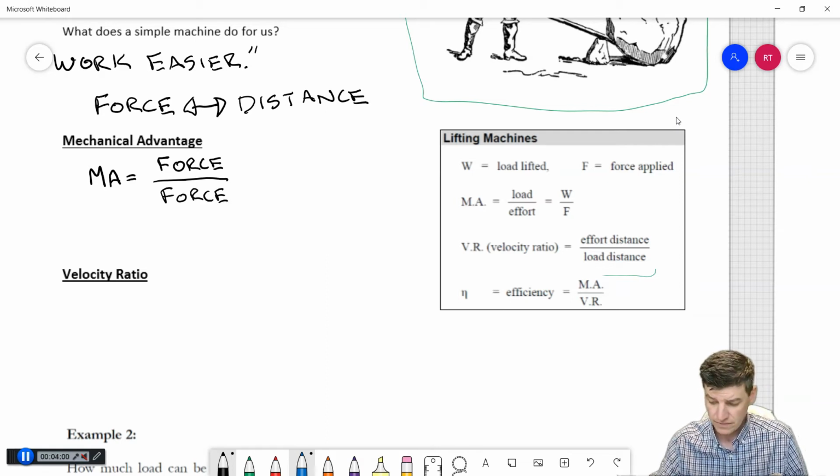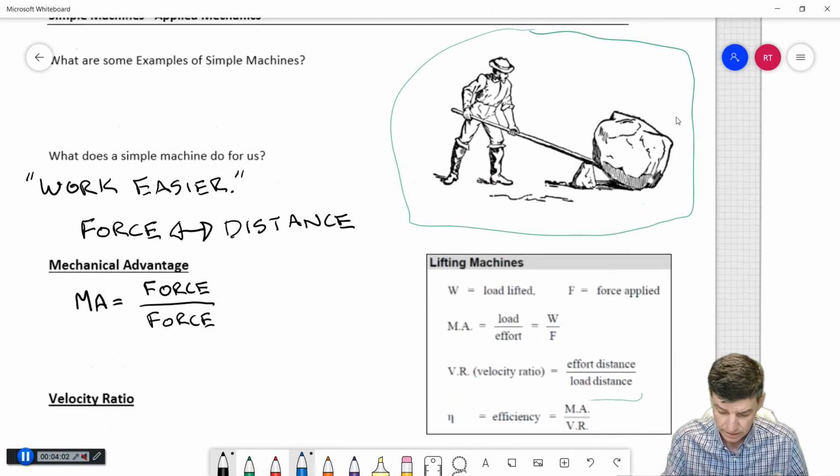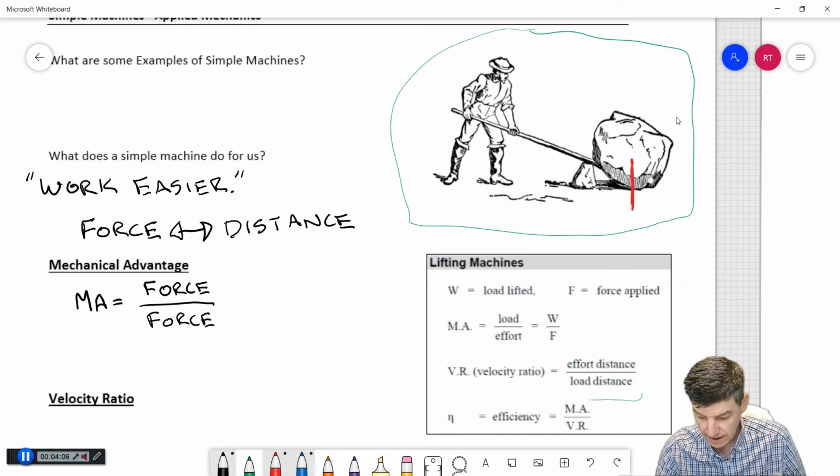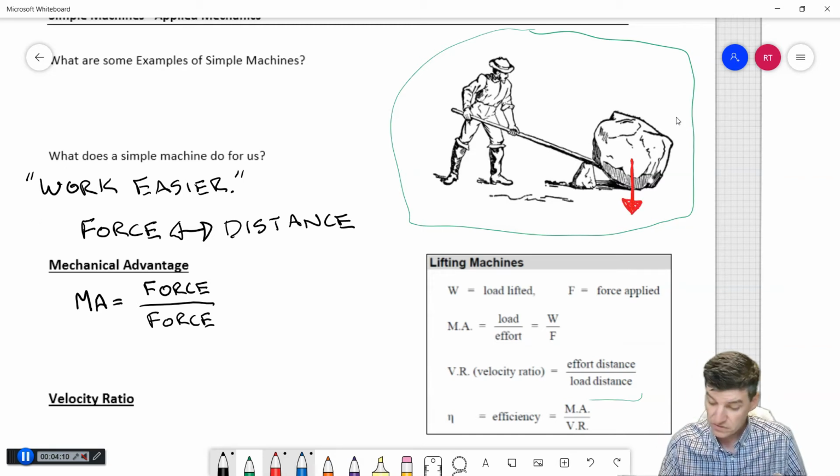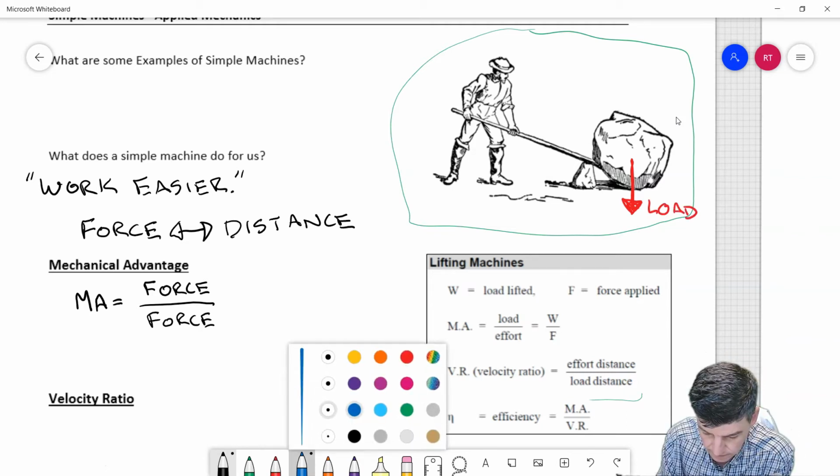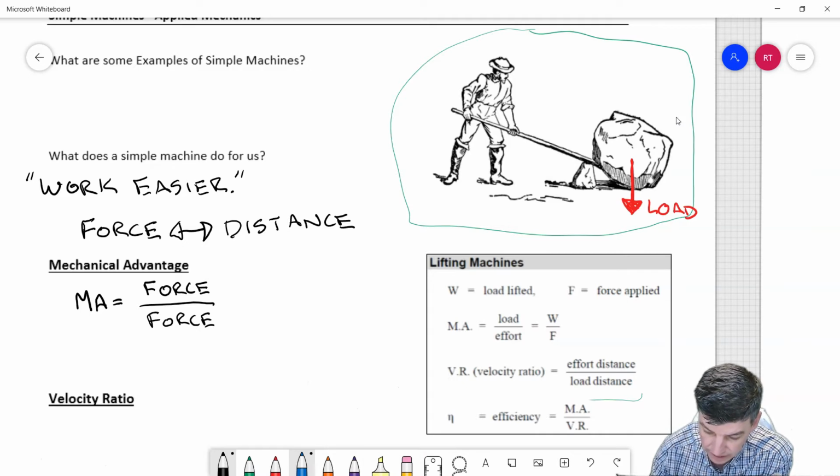If we come back to our guy using the lever, what we might have is the force that we might consider to be the load, and we have the effort that the person puts in.